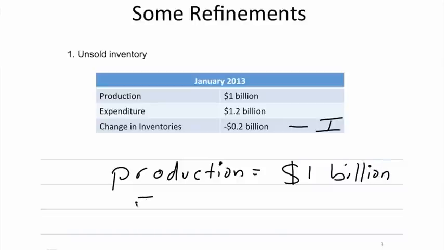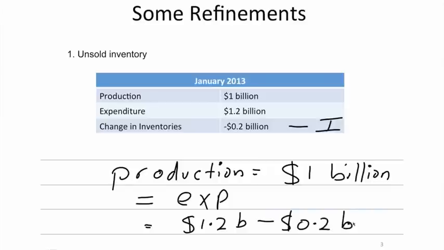And this is going to be equivalent to expenditure because whilst we have this $1.2 billion of expenditure, we record the fall in inventories as negative investment. So we subtract the 0.2, and so once again we have this equivalence between production and expenditure.